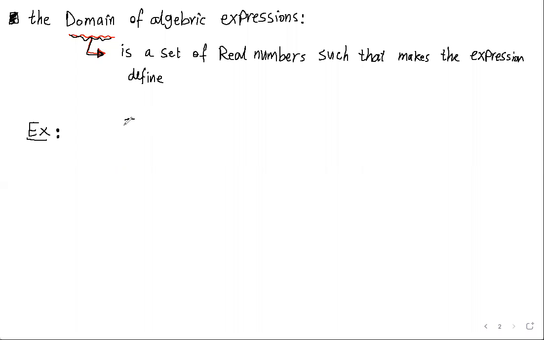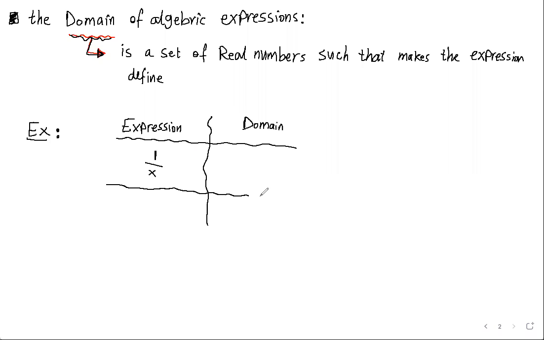So I have expressions, and I have here the domain. The first expression is 1 over x. The second one is square root of x.